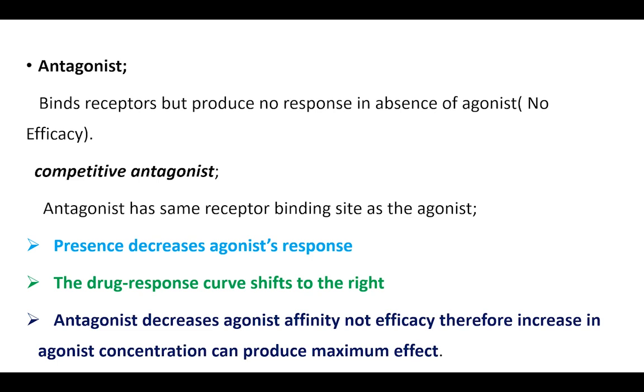For the competitive antagonists, the antagonist has the same receptor binding site as the agonist, and its presence will decrease the agonist's response, and it will make the dose-response curve shift to the right. So the antagonist decreases the agonist's affinity but not efficacy. Therefore, an increase in the agonist concentration can produce a maximum effect or response.